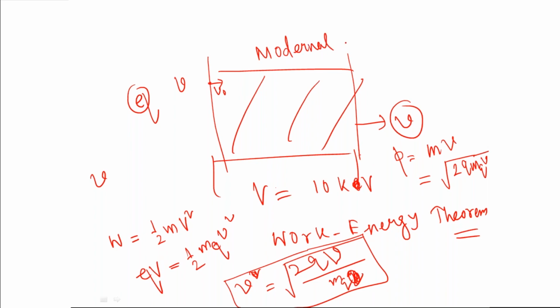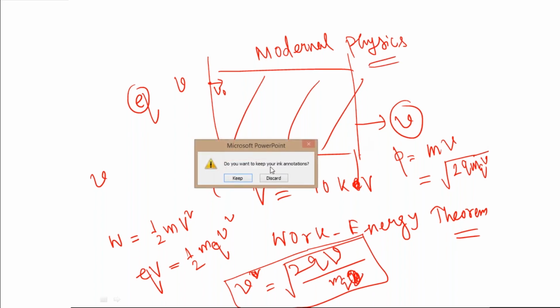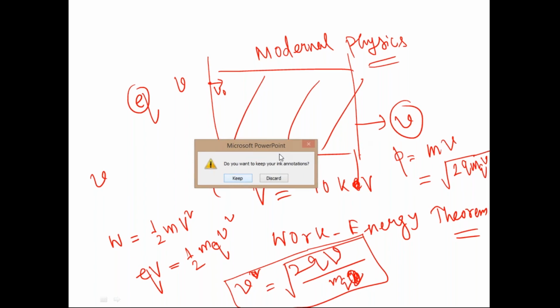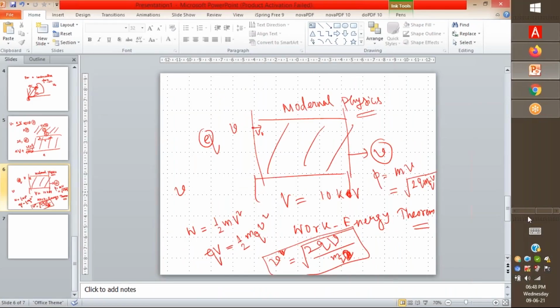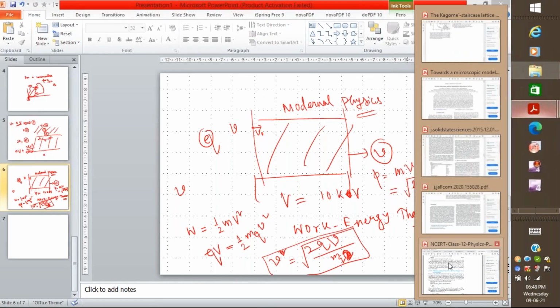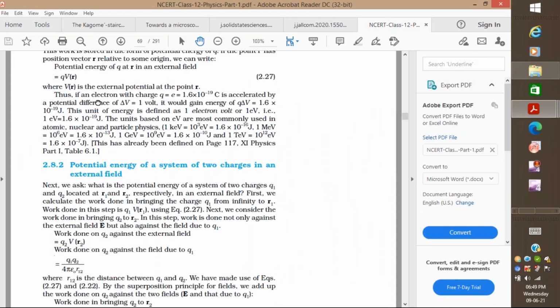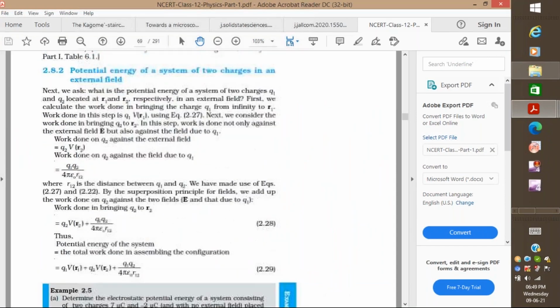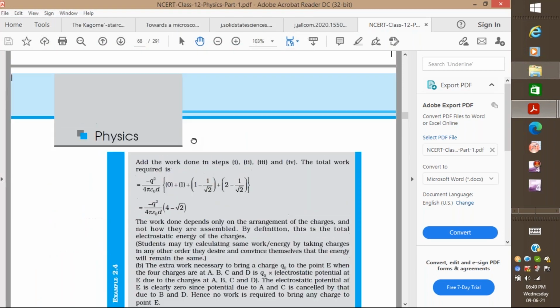For a double charge, see, when it is a single charge, that is only q into V, but here there are two potential energies. When I have two charges, for a single charge I know q2 into V at a certain point r2 inside the region, but this also will create a potential, right?